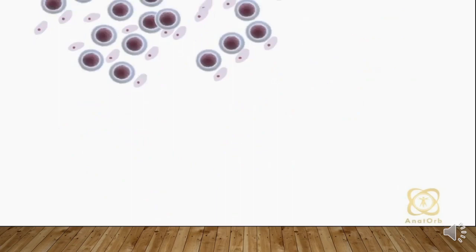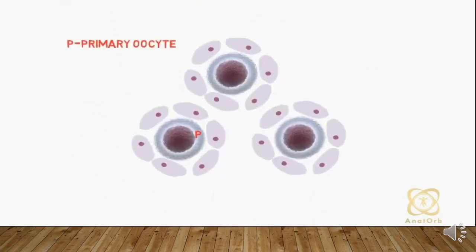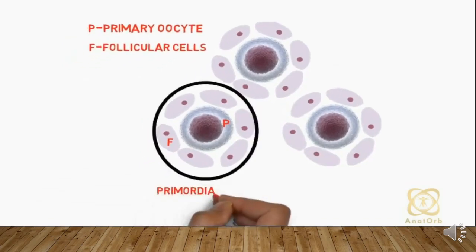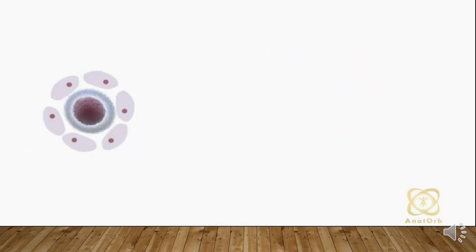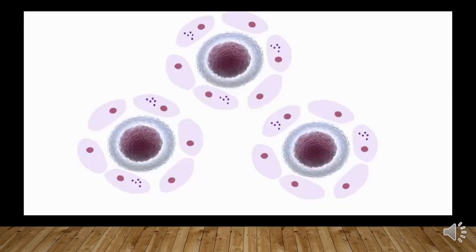A primary oocyte combined with its surrounding follicular cells is known as a primordial follicle. About the period when the primary oocyte enters the prophase stage of meiotic division, follicular cells surrounding the primary oocytes begin to release a small peptide called oocyte maturation inhibitor, also known as the OMI.